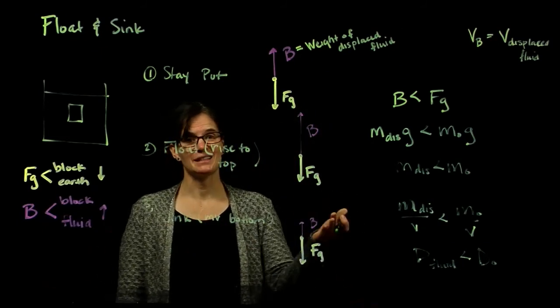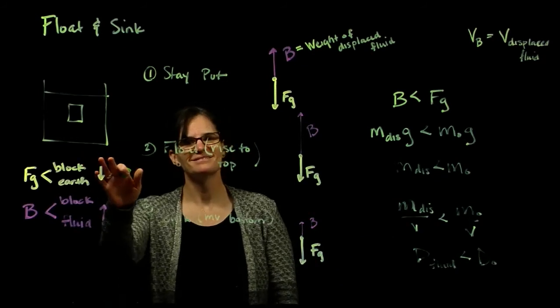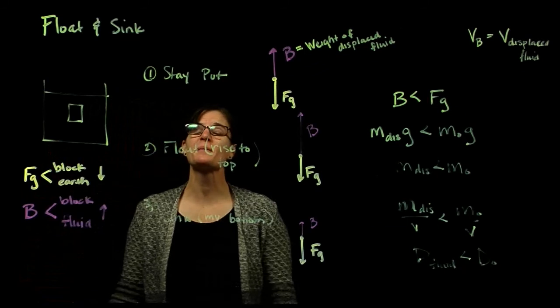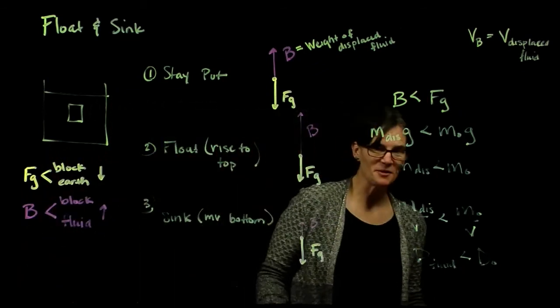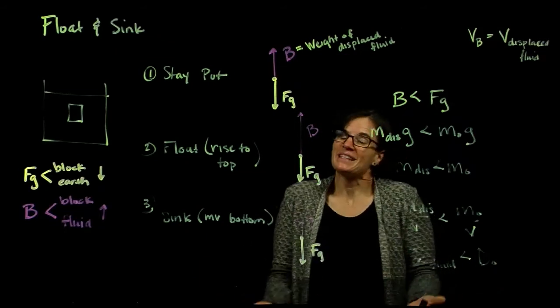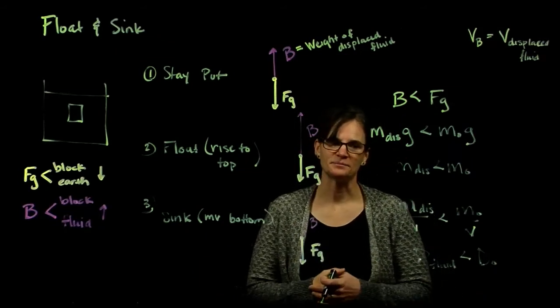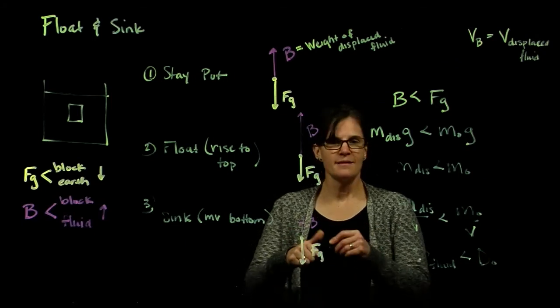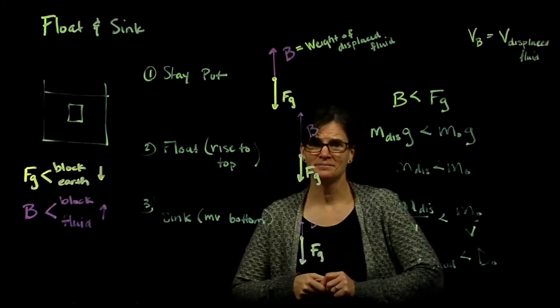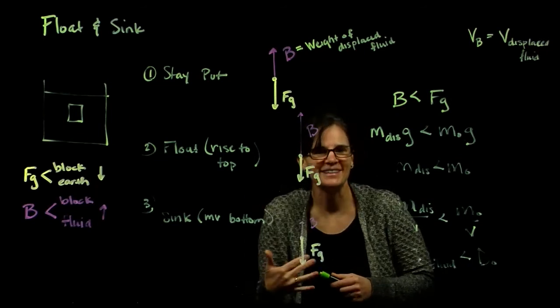It's just going to sink and sink and sink, and it's never going to stop until it hits the bottom. And once it hits the bottom, I have a new force added, that normal force of whatever the bottom is. And then that normal force will be as big as it needs to be to balance the downward force of gravity. So, once an object starts sinking, it is going to keep sinking unless you make a change.